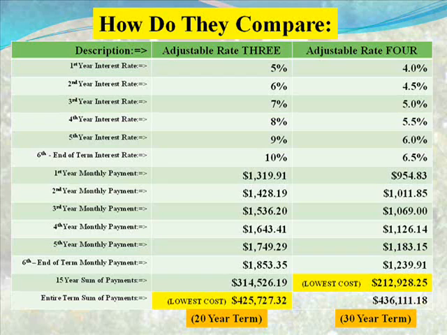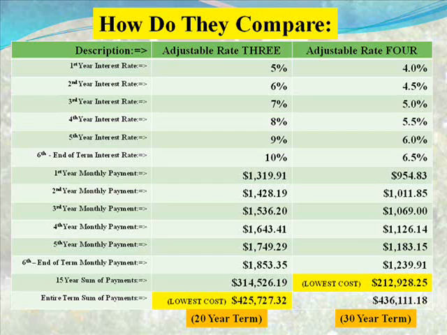For adjustable rate 4, you can see how the interest rates increment to where for the years 6 through 30, in that case, it's 6.5%. In a way, not very close to the 10% for years 6 through 20 on adjustable rate 3. And the payments never are higher with adjustable rate 4.